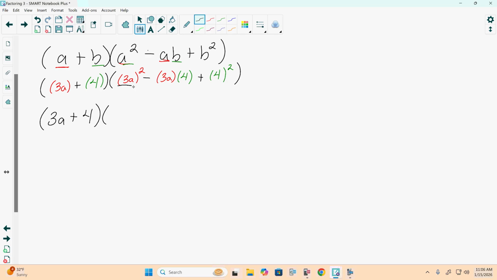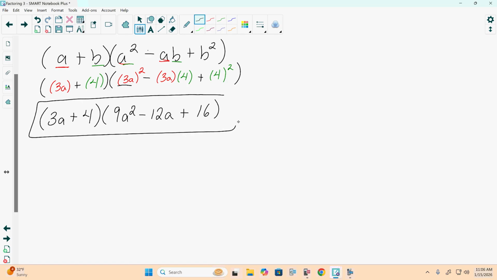So 3 squared, 3 times 3, is 9. 9a squared. Minus. Now we're going to have to multiply the 3a and 4. Well, 3 times 4 is 12a. Plus 4 squared is 16. And that's it.